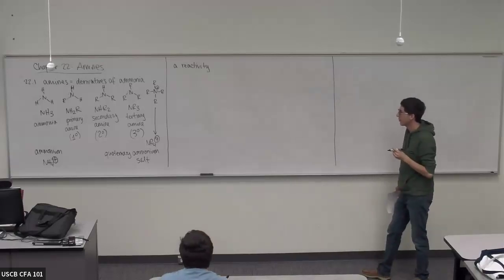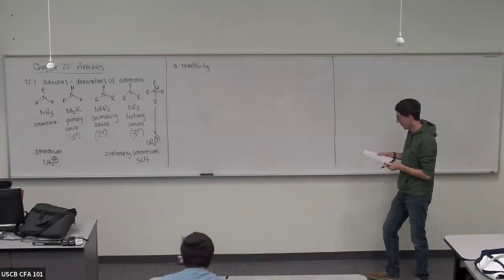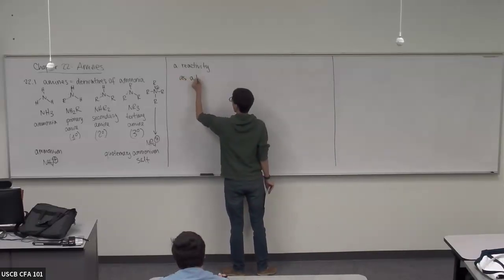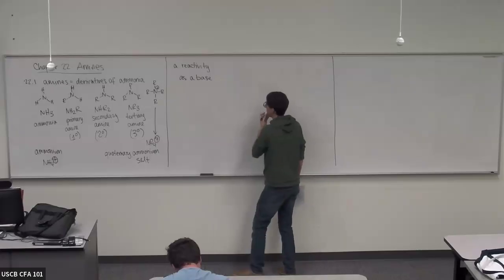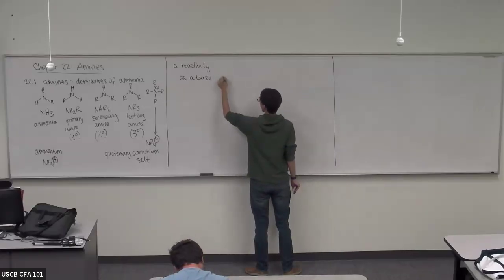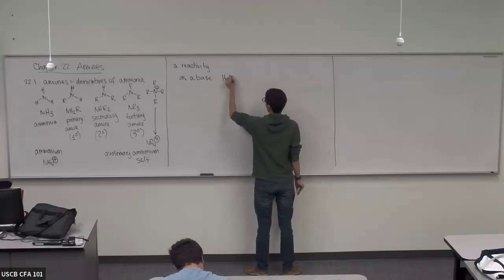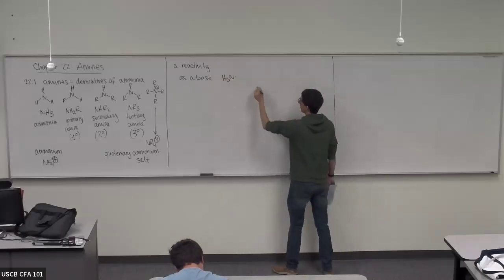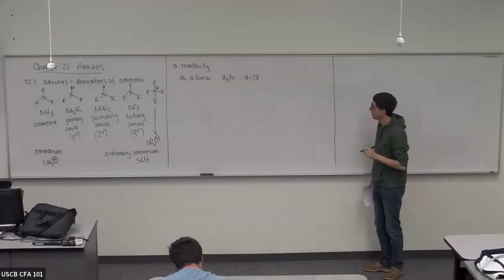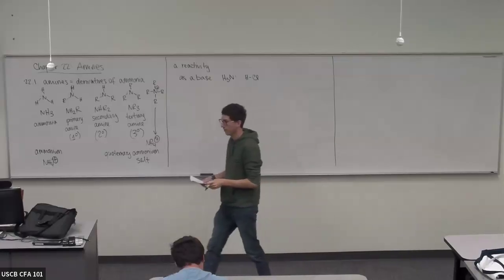So amines have two different sort of ways that they react. The first is they can act as bases. So we have ammonia and then an acid like HCl.